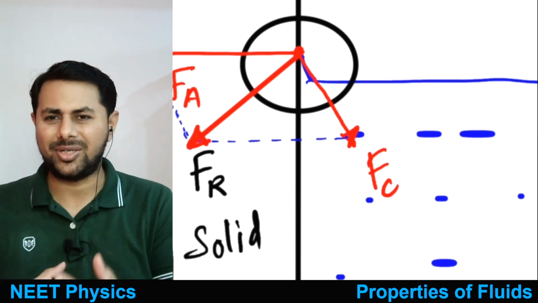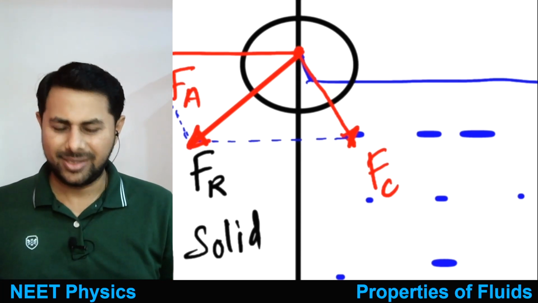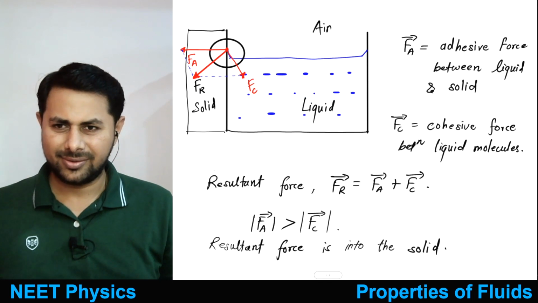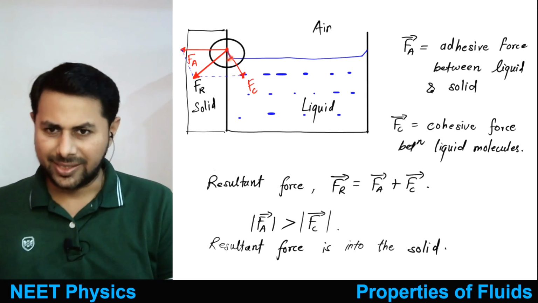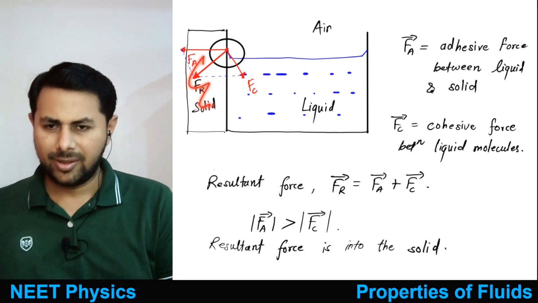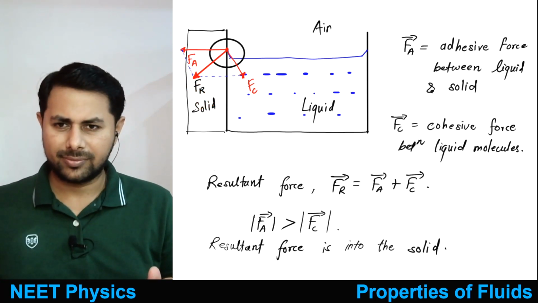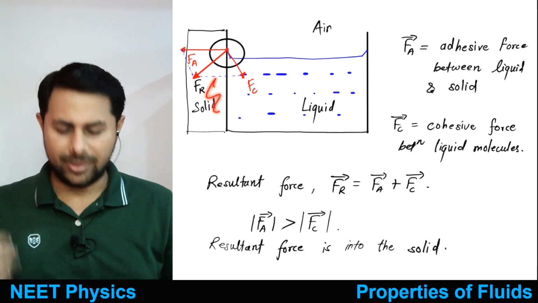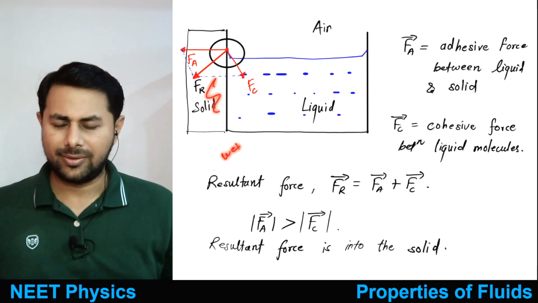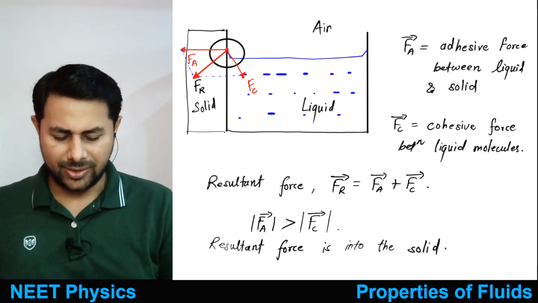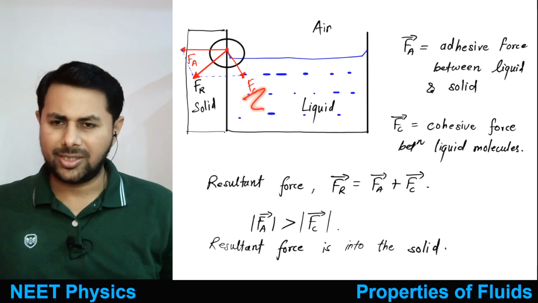They will wet the solid molecules. This thing is clear. So if the angle of contact is less, then for that solid-liquid pair the solid is wettable, you can say. The solid will get wet if it is in contact with this liquid.